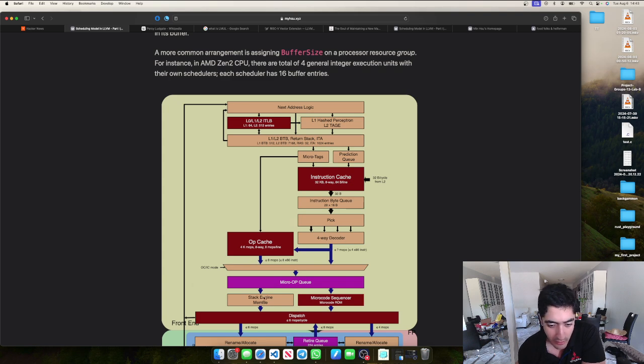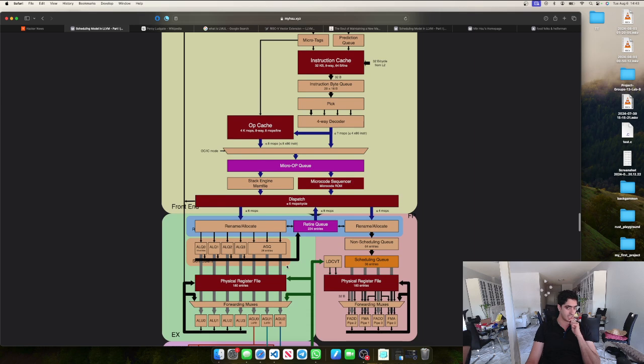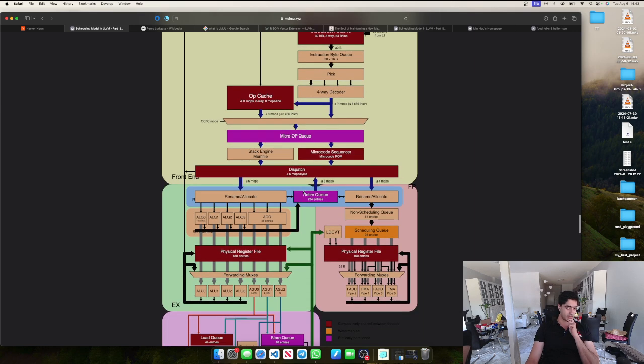And then you have the micro-op queue, stack engine, memory file, microcode sequencer, and you go to the dispatch. You retire code, then you rename it. Then this is probably your ALU, physical register file, 180 entries, forwarding muxes.